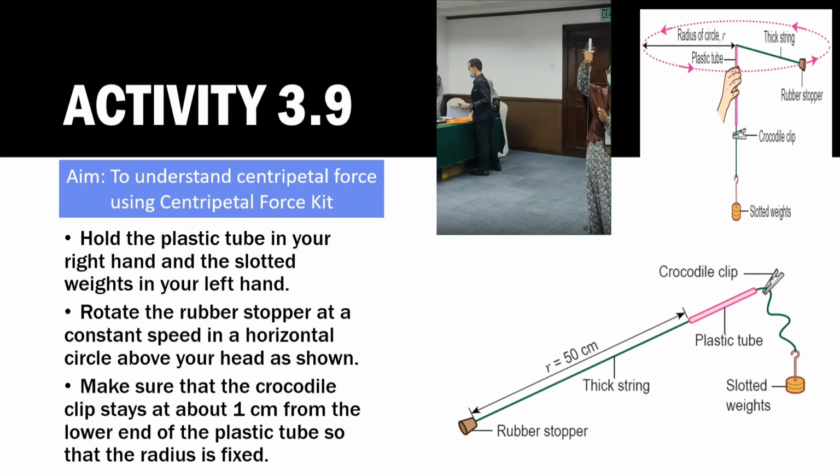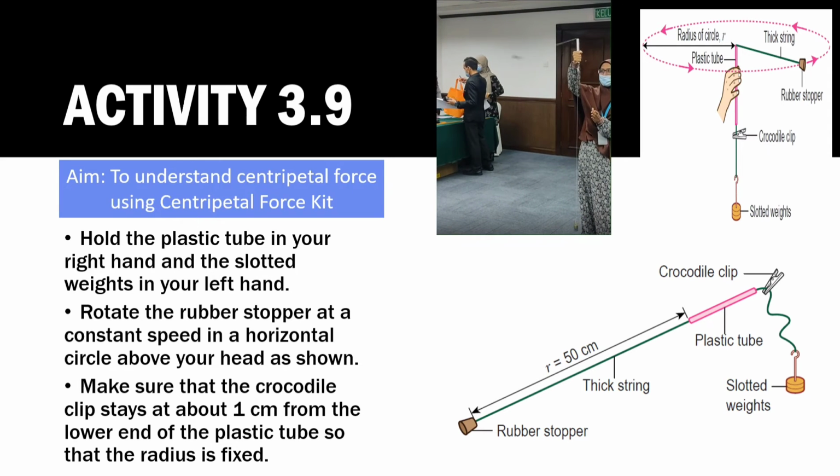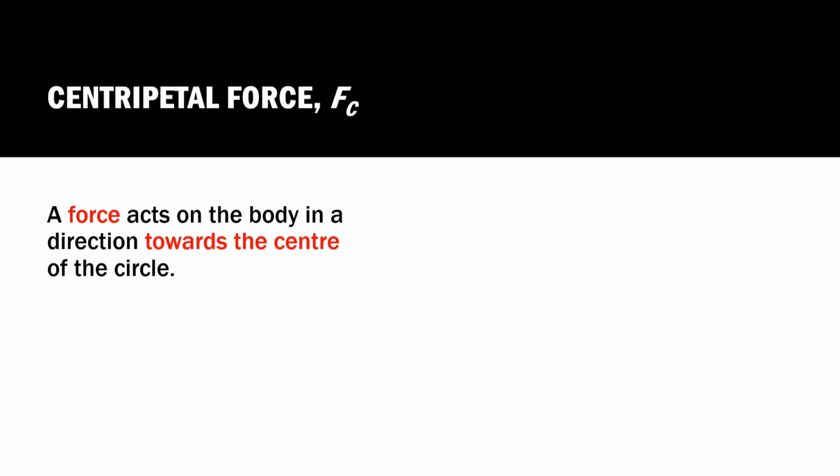Make sure the crocodile clip stays at about 1 cm. Refer to the video so you can get the centripetal force. Centripetal force is a force that acts on a body in a direction towards the center of the circle.